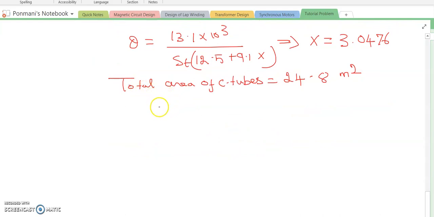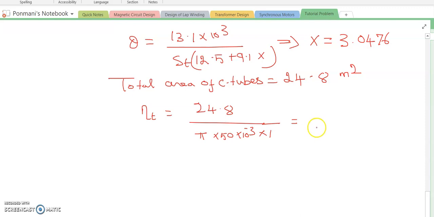So we are getting the number of cooling tubes NT as the total area of the tubes, 24.8 meter square, divided by each tube area, which is pi times the diameter of the tube, 50 into 10 to the power minus 3, times the length of the tube, 1 meter. After substituting, we will be getting the total number of tubes as 158 tubes.